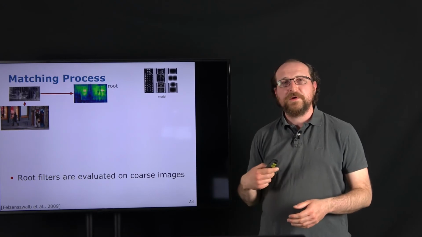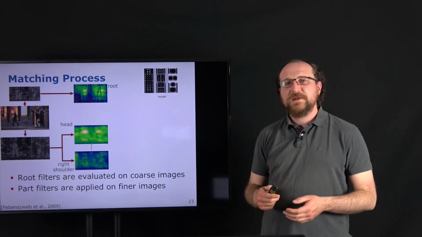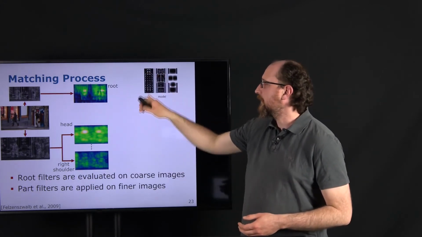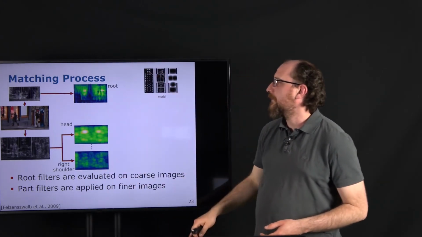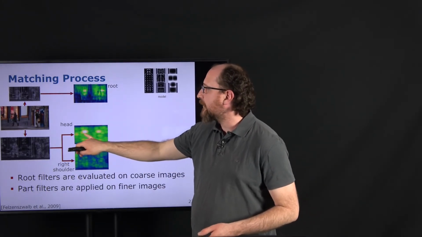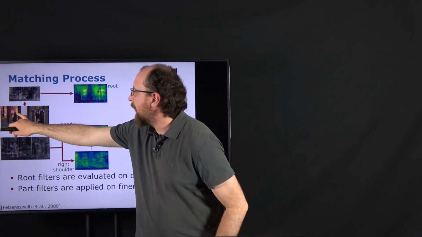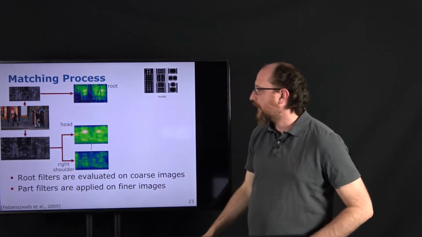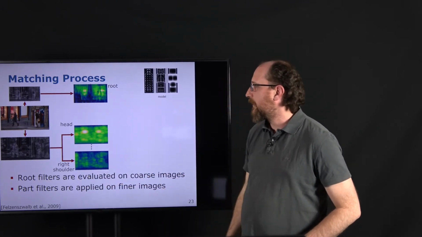And for the individual parts, you then use these part filters. So you had maybe some head part like this here. You're sliding over the image, and as you can maybe see from this visualization, you have a high response here, which corresponds to this head, and the other response is this head. And then you have the right shoulder responses and so on.